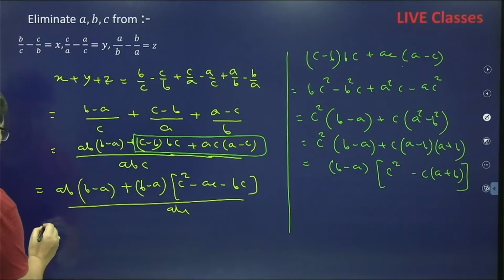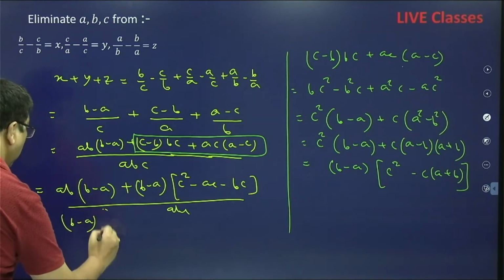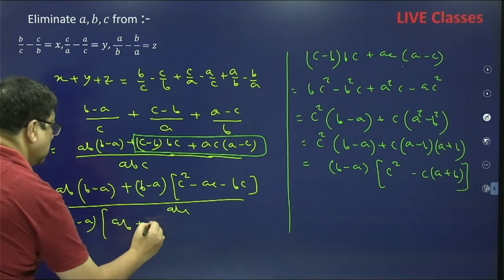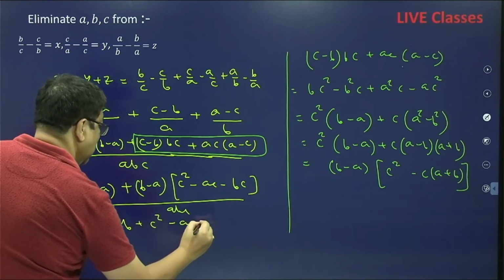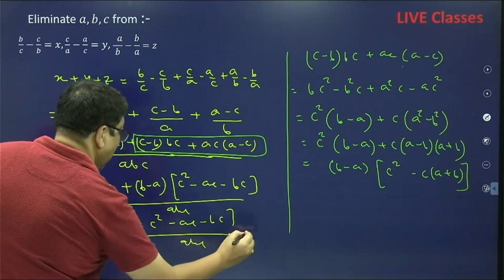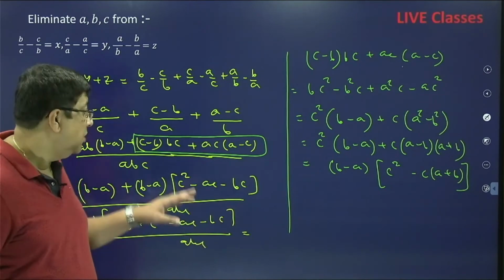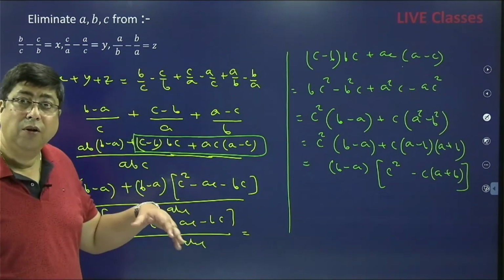Therefore, taking b minus a common, ab plus c square minus ac minus bc by ABC. By factorization we can say here, these steps are very important, and after that we will generalize.